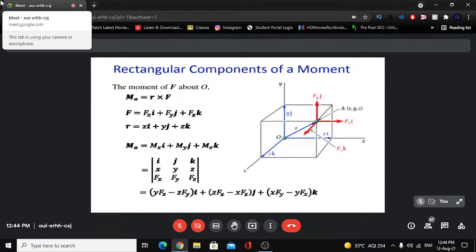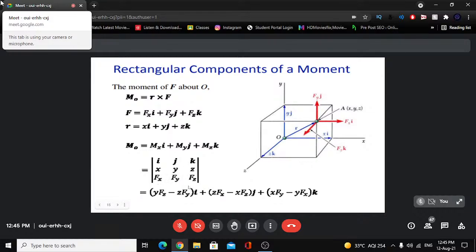Then M also can be written in the same form, Mx i plus My j plus Mz k, because Mo is a vector quantity. So it can have components along x, y, and z too. To get this moment, we again write it in determinant form. So i, j, k, then x, y, z, the coordinates that represent this position vector, associated with i, j, and k.